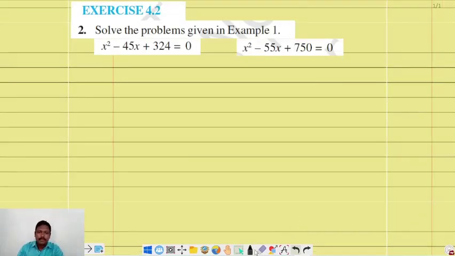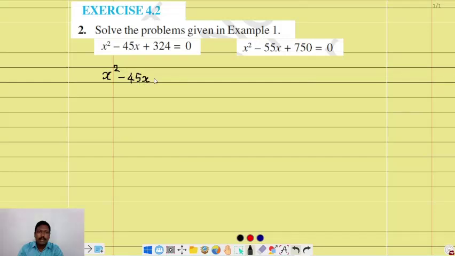Now let us move to question number 2 of exercise 4.2. Solve the problems given in example number 1. So example number 1, there are two problems. So the quadratic equations, after formulating, we got the quadratic equation x square minus 45x plus 324 equal to 0.